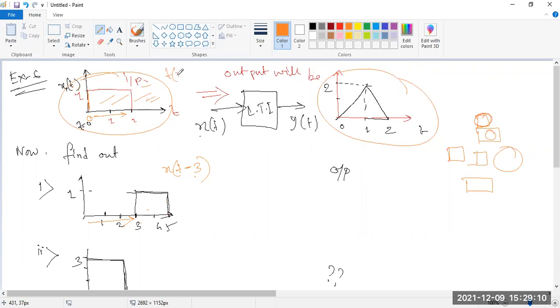Here x1 of t, and this is x2. So x2 is just x1 of t minus 3. If we shift by minus 3, then we get this type of signal. So the output also shifts from 0 to 3.